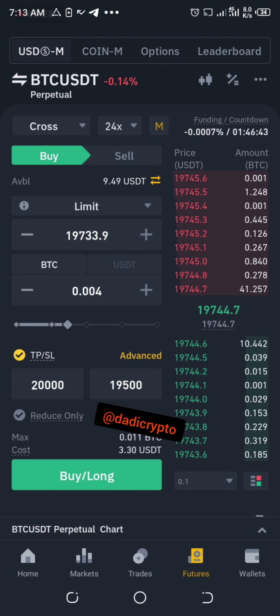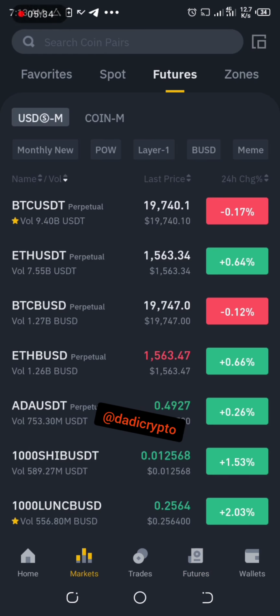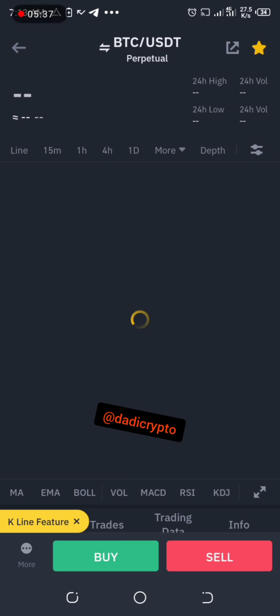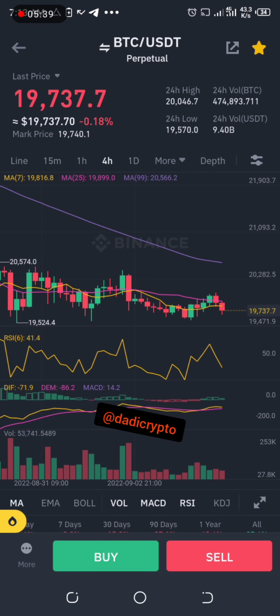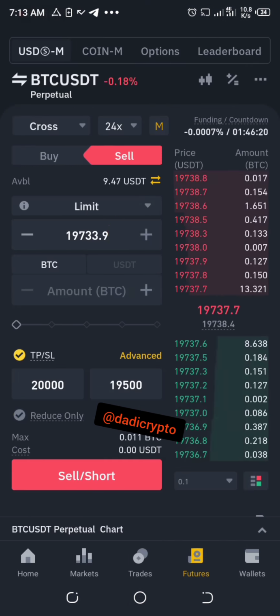Now if you predict that the price is going to come down, say it is now at 19,700 and you predict that the price is going to come down to 19,500, then you press sell. You get the gist, right? If you predict the price is going up, you press buy. If you predict that the price is going down, you press sell.